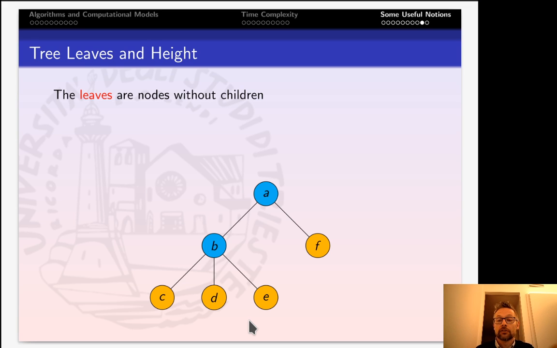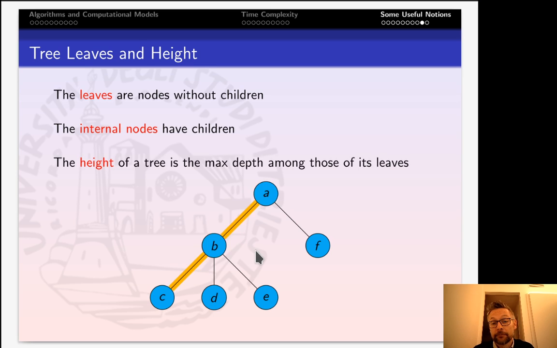Okay. So in the graph we are dealing with, we have C, D, E, and F, and they are all leaves, because they haven't any children. While A and B, which on the opposite have children, are called internal nodes of the tree.